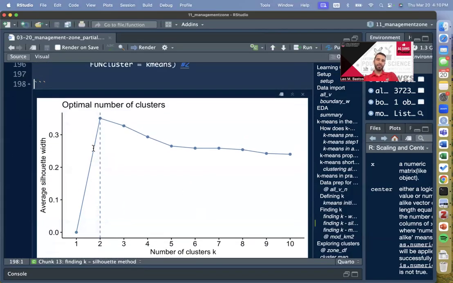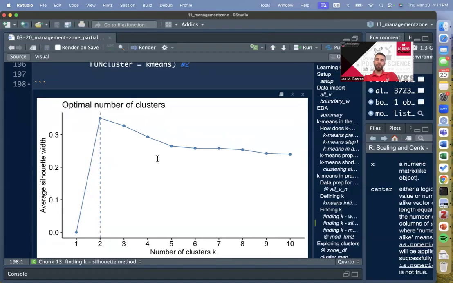we see that the silhouette width method is proposing that the best number of clusters is 2. It's a different way of looking into this, but it's giving us an objective recommendation of 2 clusters.